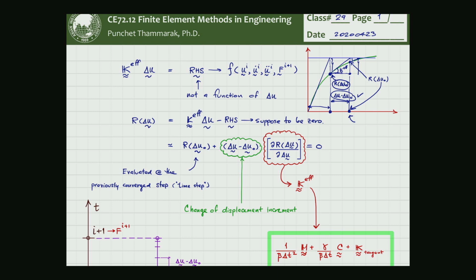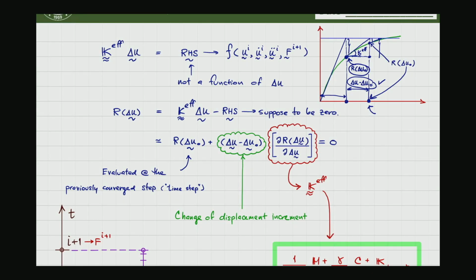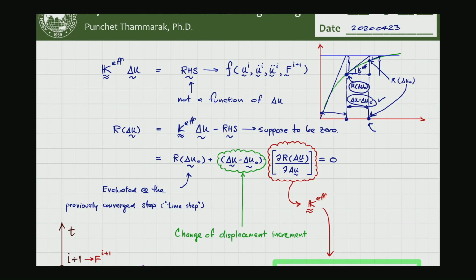And here, this is the Taylor expansion. So this part here is evaluated first, and then the delta U minus delta U naught is this part here, which is to be determined, and then the partial, the tangent of the function R with respect to delta U, which is the slope here, turns out to be the K effective.